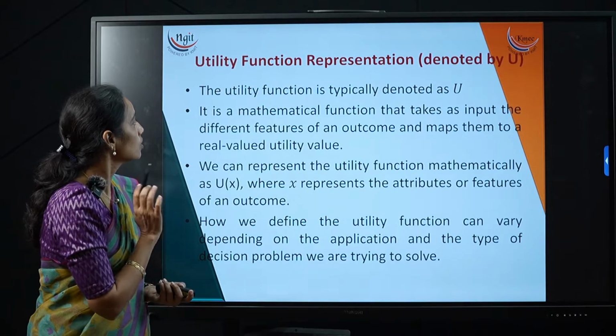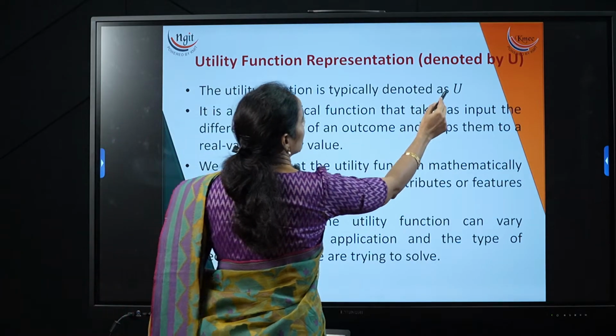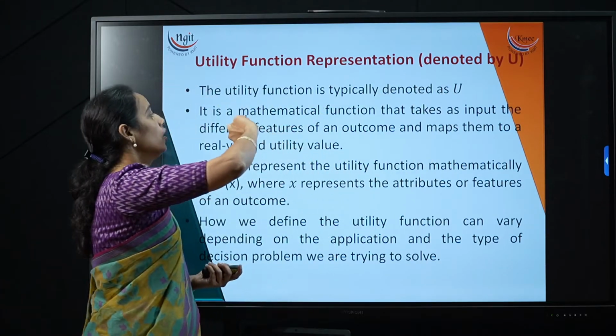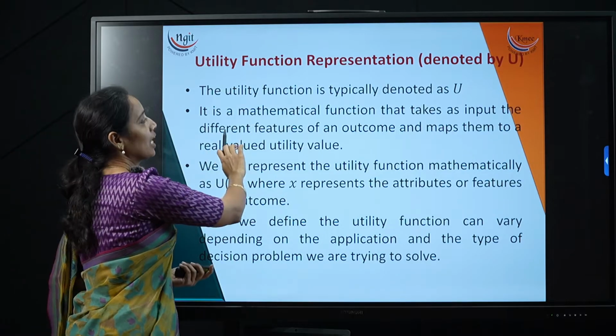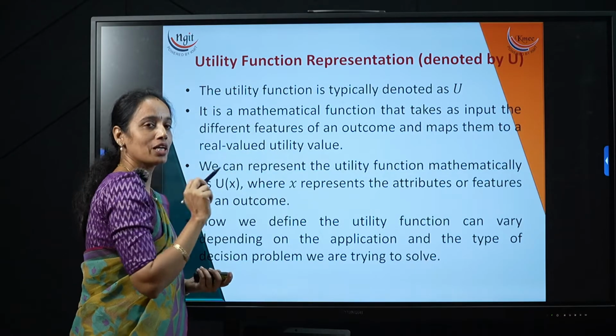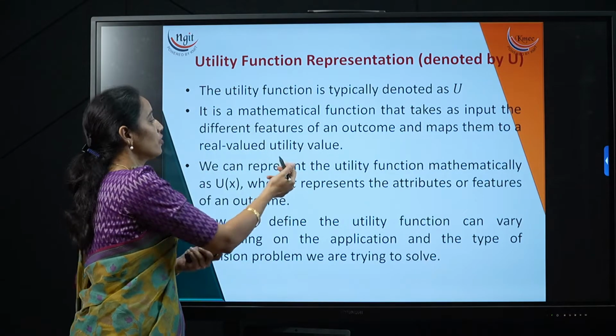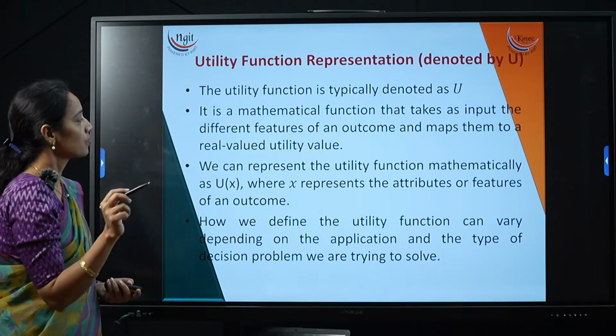Coming to the utility function representation, generally we represent it as U. This is a mathematical function that takes as input the different features of an outcome and maps them to a real valued utility value.